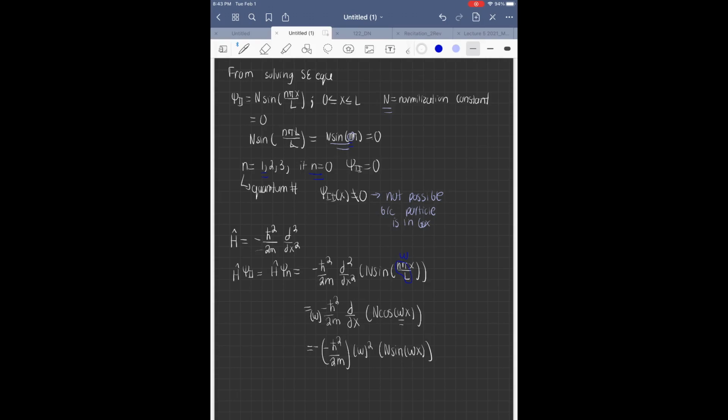From here, we see that if we simplify everything and square it, the energy that we get is n squared pi squared h bar squared over 2mL squared.